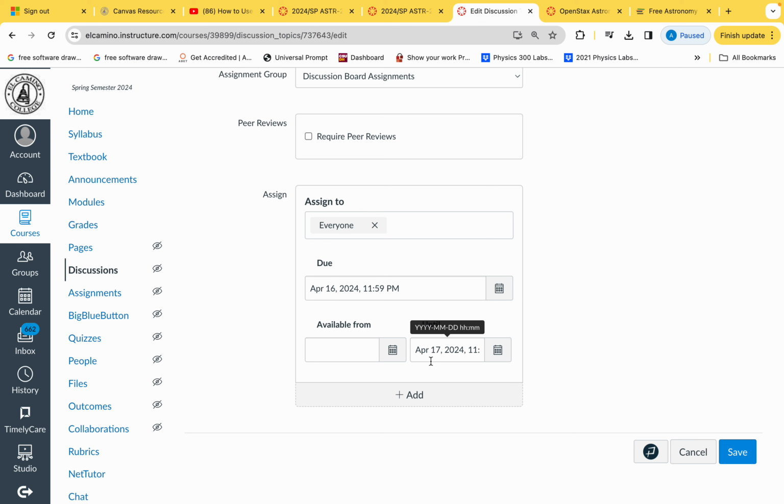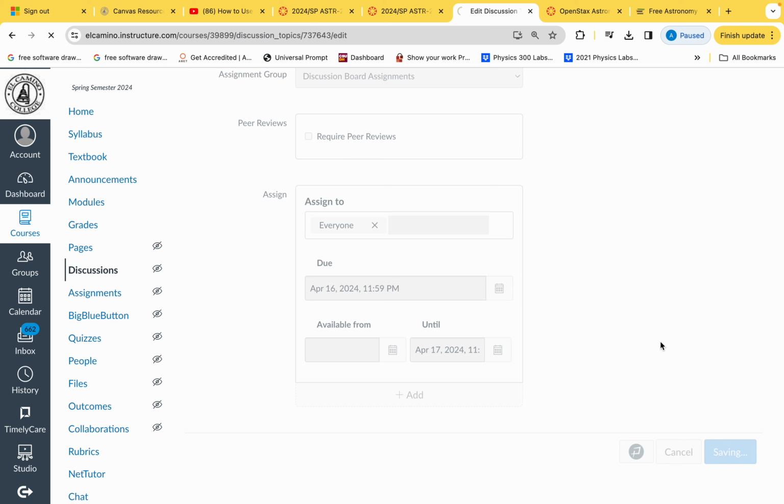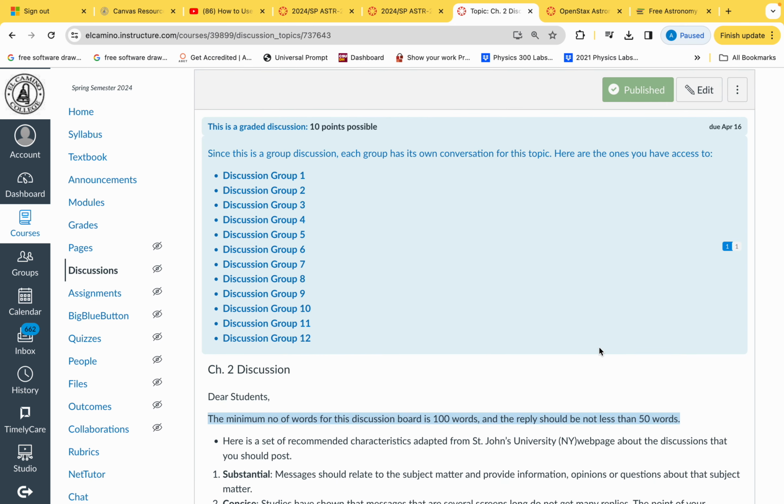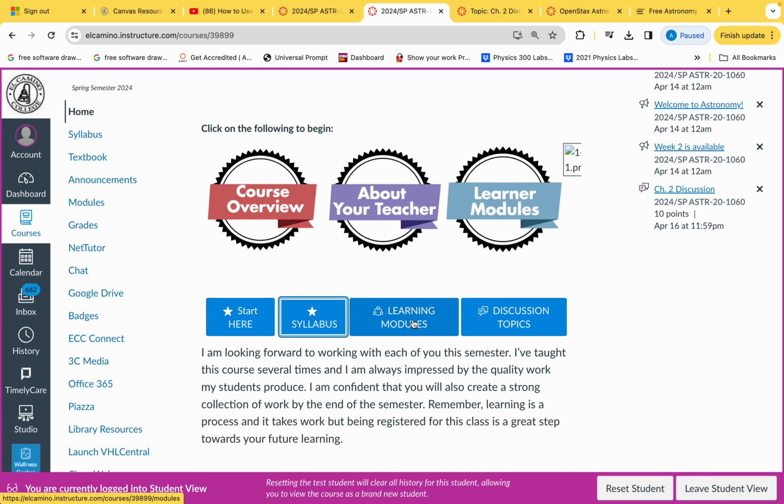You will lose the whole credit for the post, because you did not post the initial post by the due date, which is designed so that other group mates are able to go and post their answers.